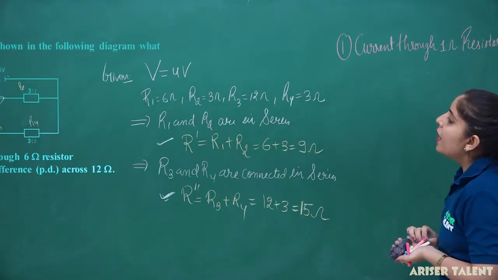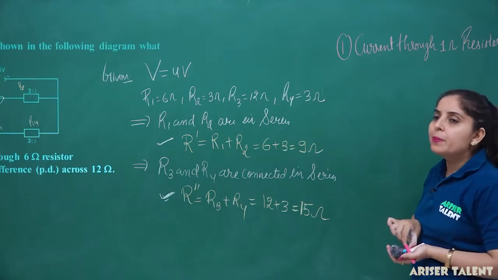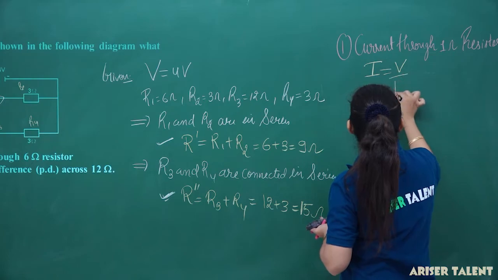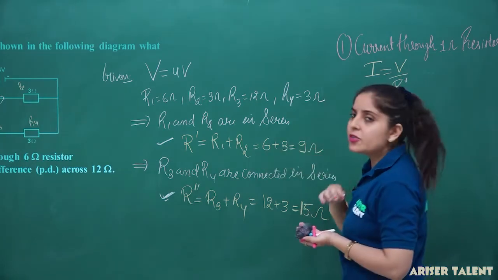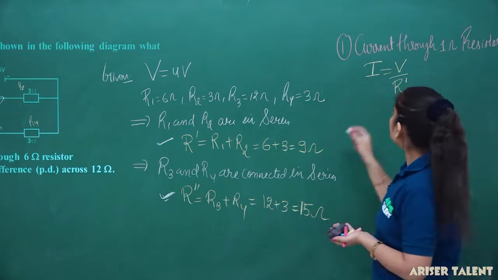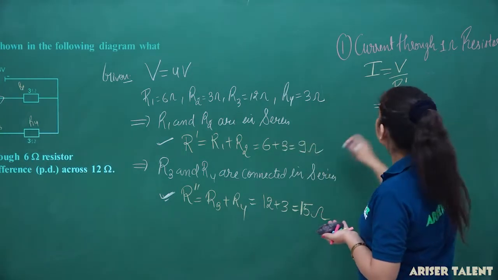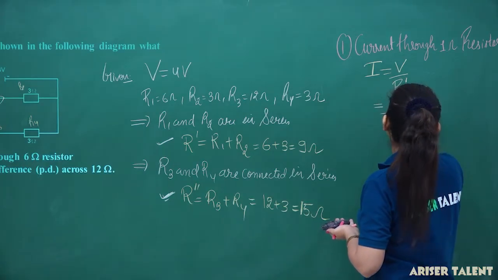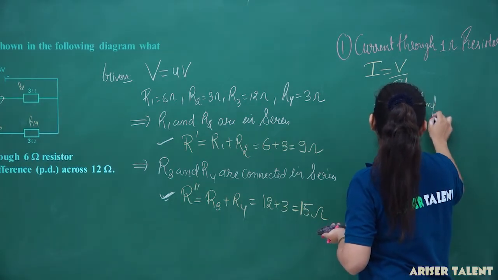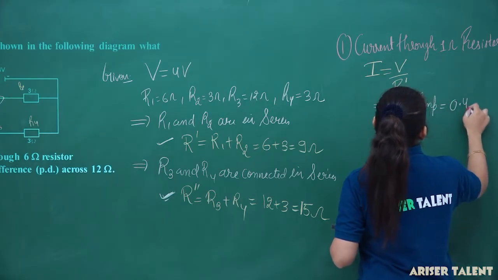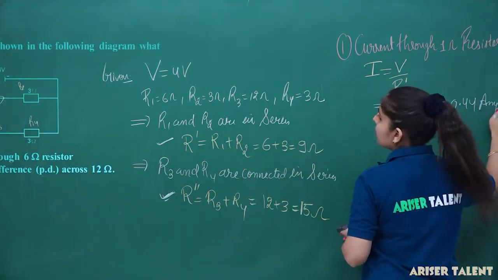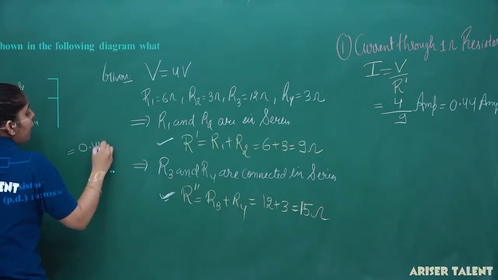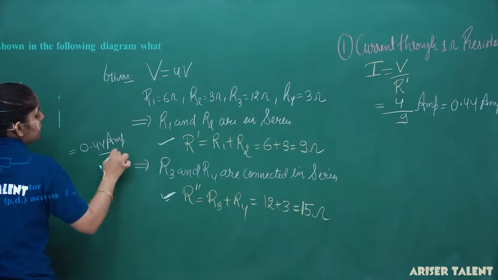This current I will be calculated as V upon R. So I will be equal to V upon R dash, because this is the series combination we have here. It came out to be: voltage here is 4 volt, R dash here will be 9, so 4 upon 9 ampere, and on solving we will get 0.44 ampere. So current through the 6 ohm resistor came out to be 0.44 ampere.